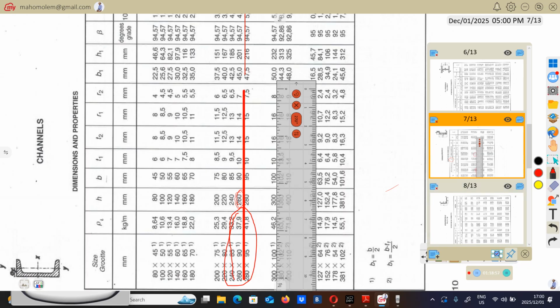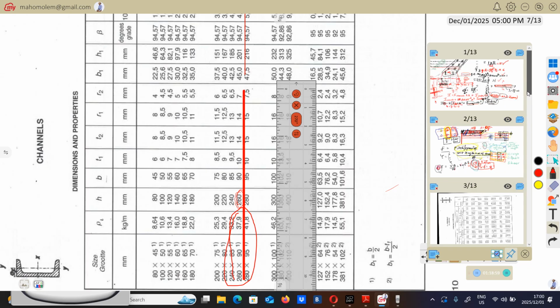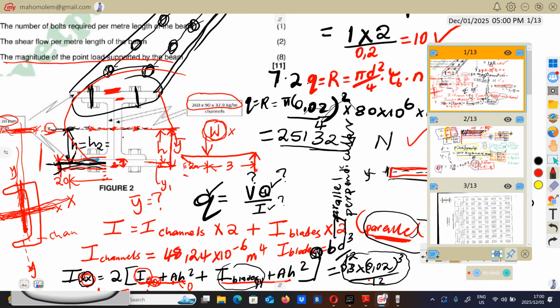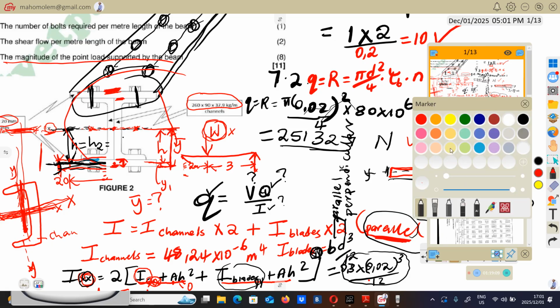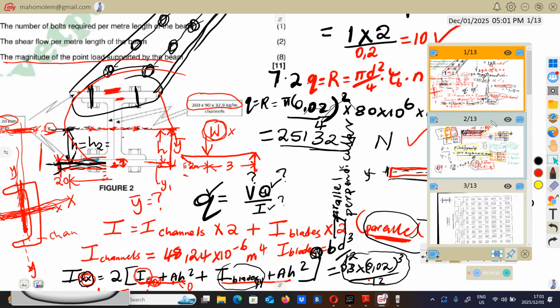So it means this h, starting from here to there, is 260.